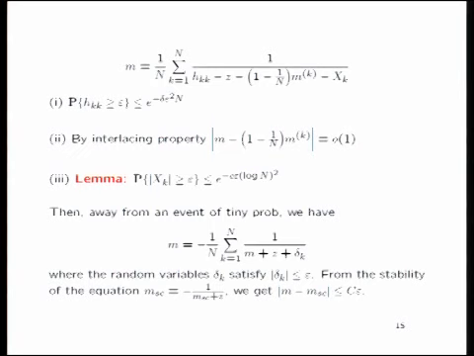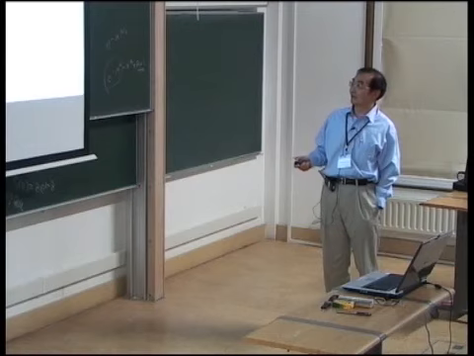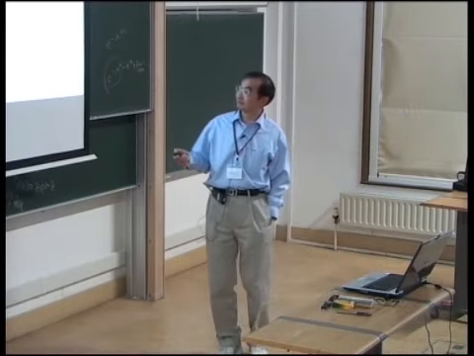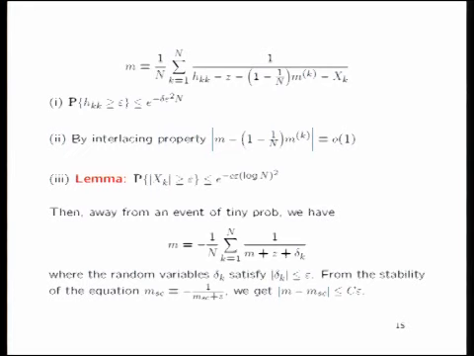And once you get this equation, then we know that the fixed point equation for the semicircle law is stable. Then you know the solution of this equation will be close to the semicircle law, and then you are finished. So the only thing we have to show is the probability for this X_k to be large.